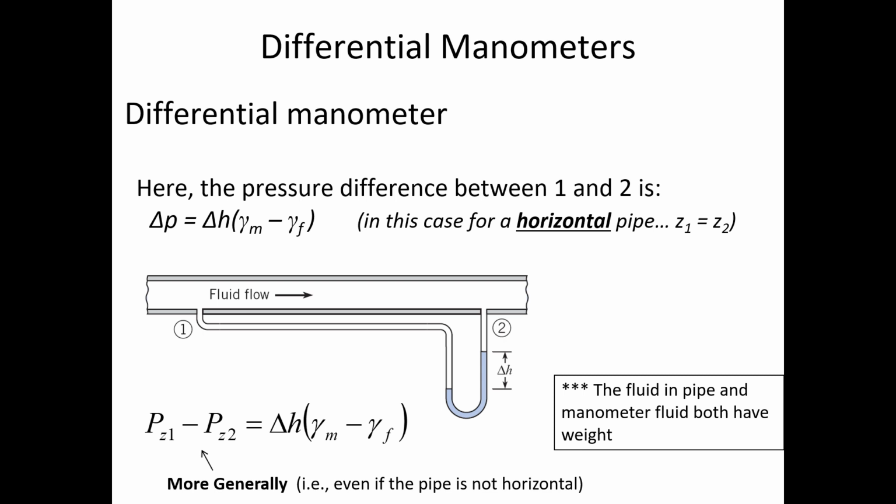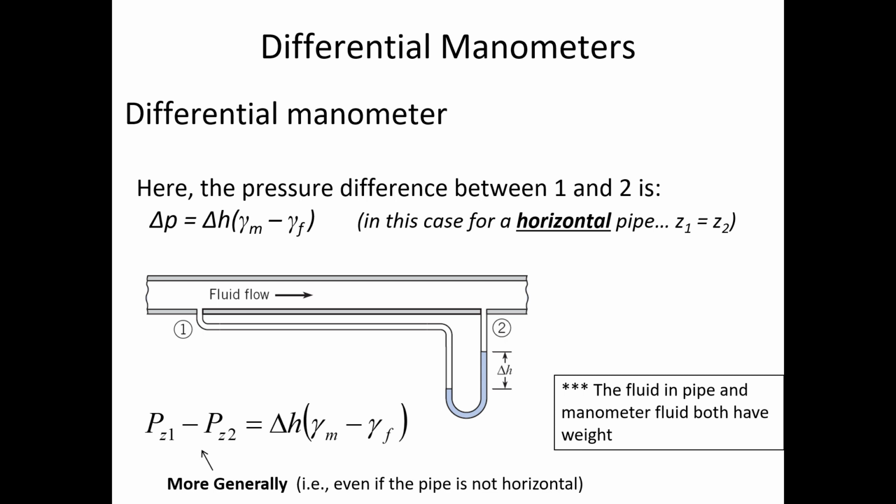So P sub z1 is like saying P1 plus gamma z1, so this is P sub z1, minus P2 plus gamma z2, so this is minus P sub z2, is equal to delta H times the unit weight of the manometer fluid minus the unit weight of whatever the other fluid is that's going through the pipe.